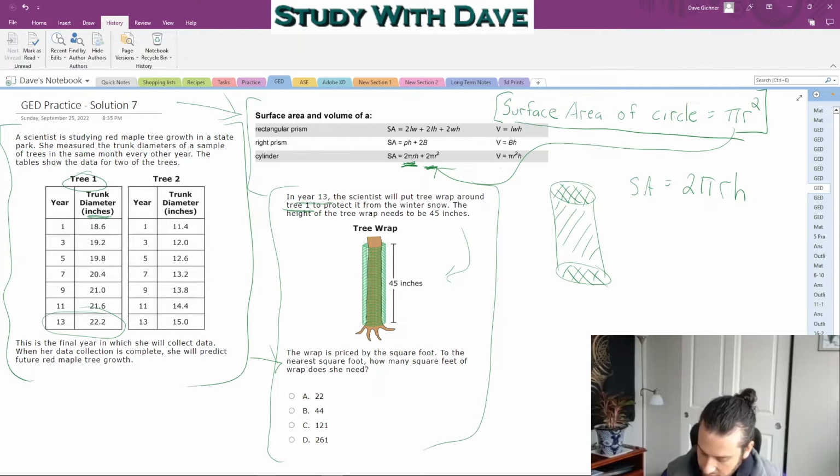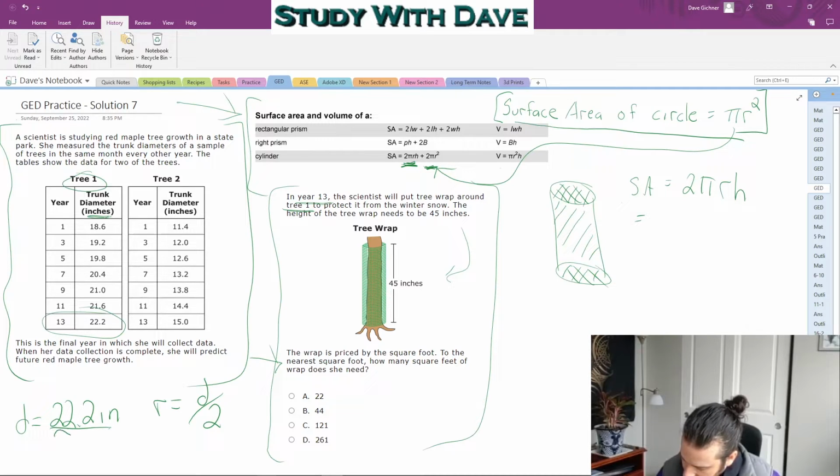Okay, so let's take this a step further and say that because the radius is what we need, and we're given diameter, diameter equals 22.2 inches, and r, or radius, is diameter divided by 2. If we divide this by 2, we get 11.1 inches.